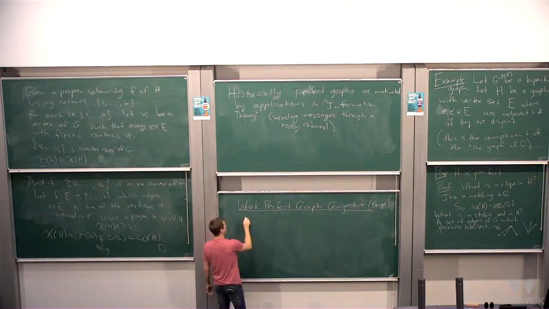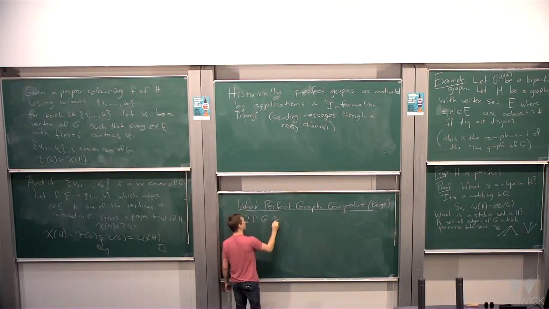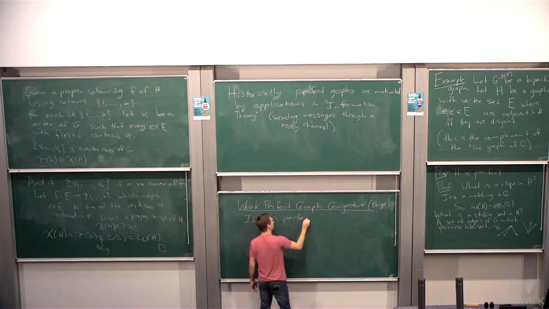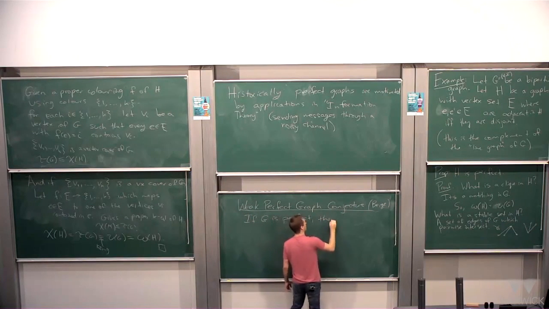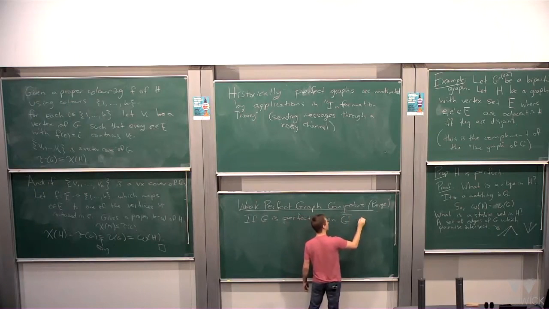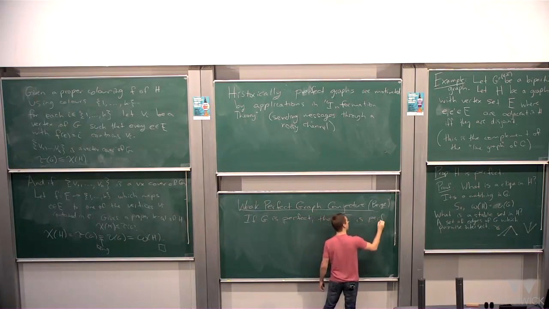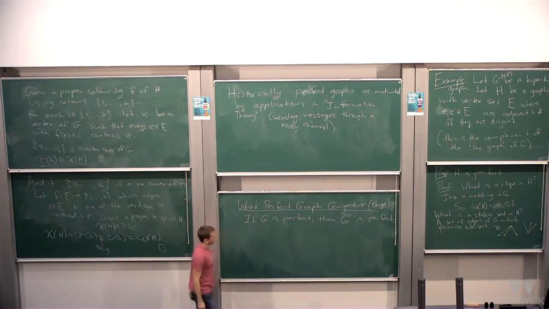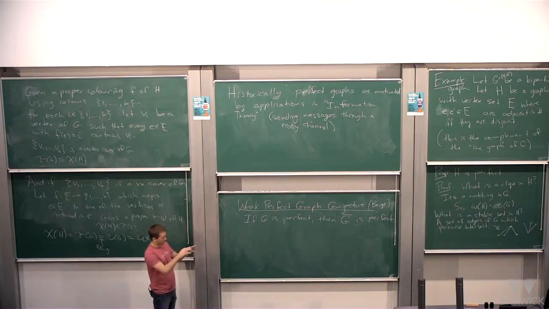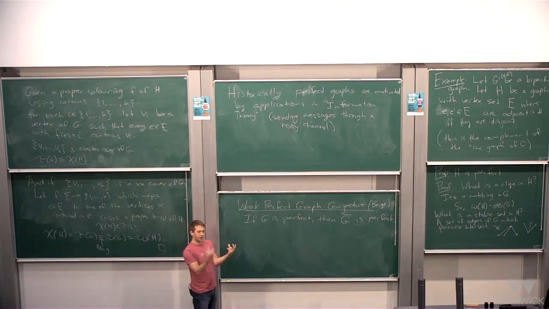And it's that if G is perfect, then the complement of G is perfect. Right? Remember the complement: you have the same vertex set, and you flip the edges, so an edge becomes a non-edge and a non-edge becomes an edge.